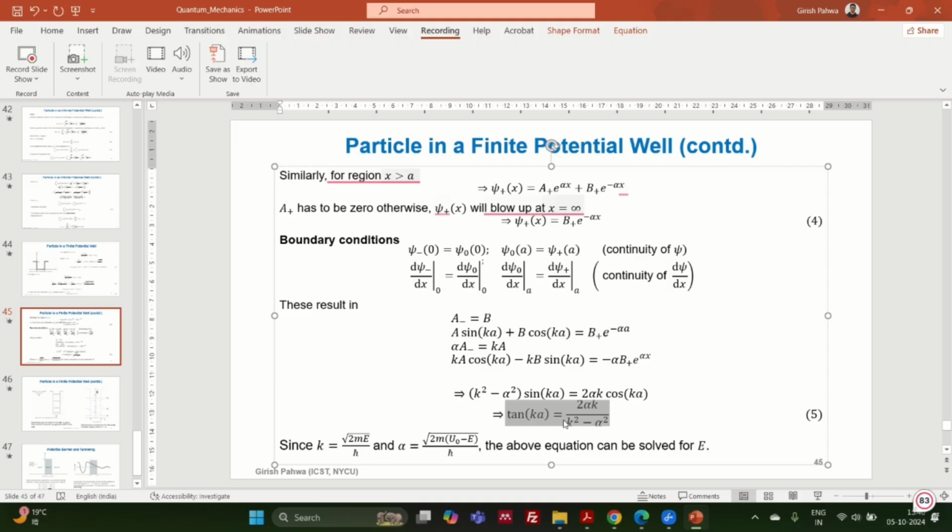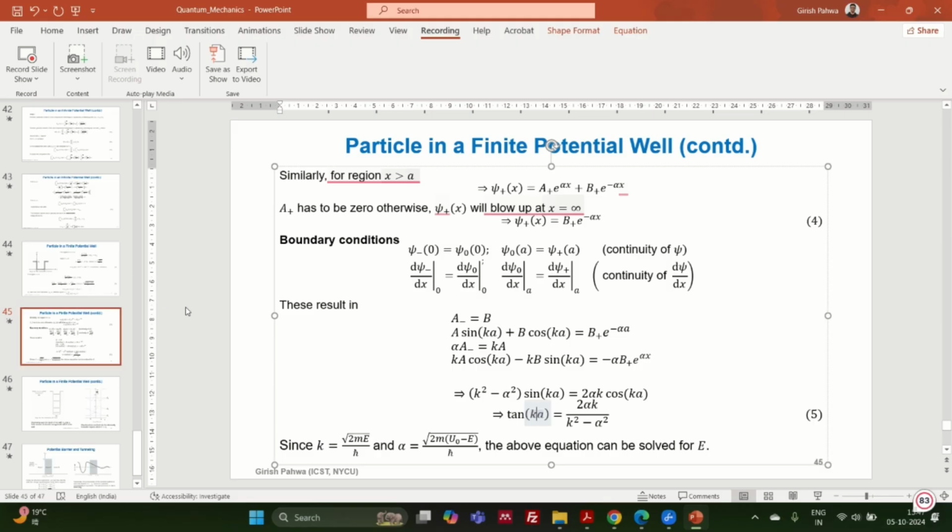So it turns out that only a few of these solutions will be possible. Only a few energy values will satisfy this, right? So this is an equation, and the solutions of this are the values of energy, and only a few of them will exist depending upon the value of this small a and U naught.